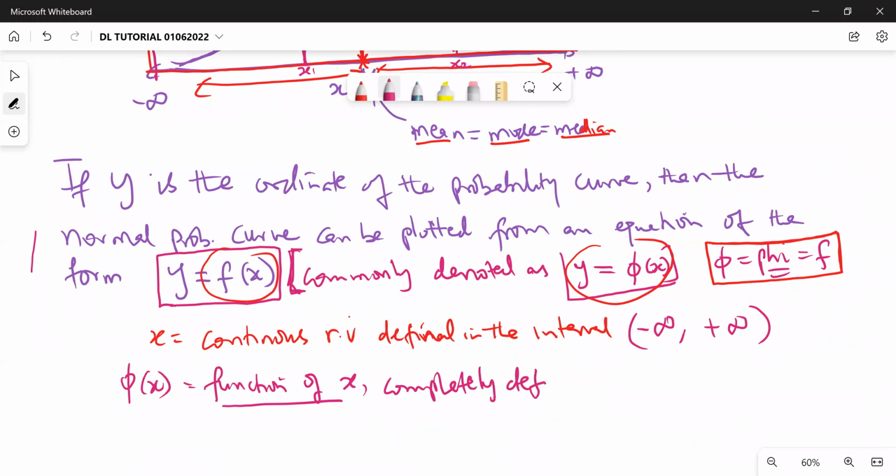So this formula is completely defined by two parameters known as mu and sigma, or some people will call it sigma squared. That is the mean and standard deviation.